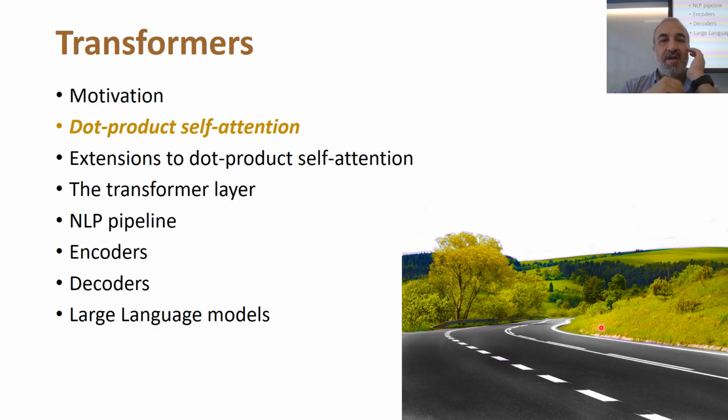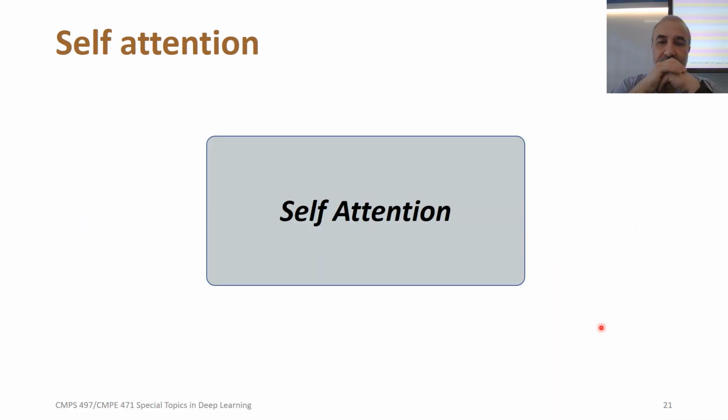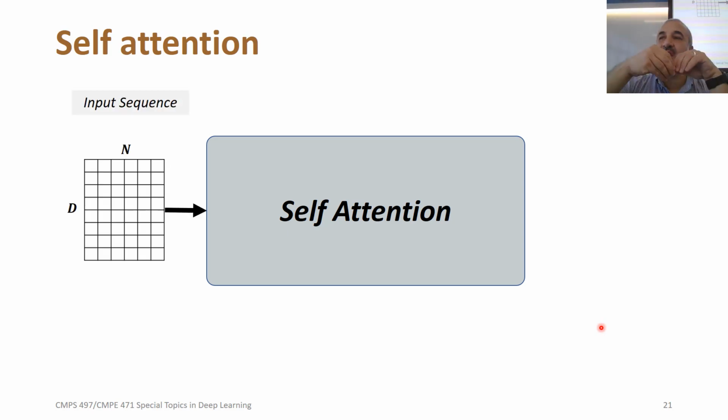Clear? Okay. Now I think we are ready to start talking about dot product self-attention. Self-attention. We can think of it as a processing block, where there is an input and there is an output. The input is the input sequence, the sequence of embedding vectors.